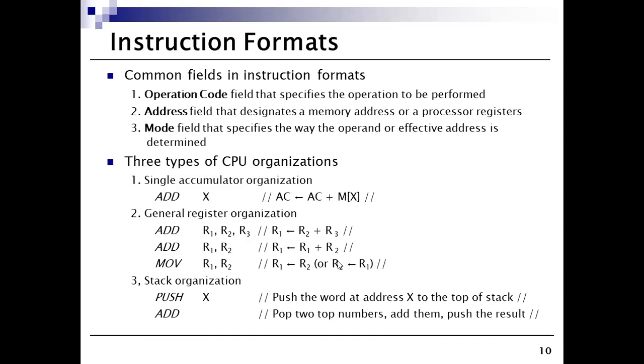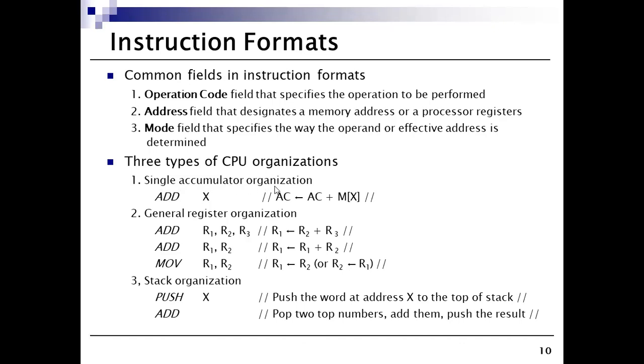Now here the address field designates either a memory address or a processor register also, not just the memory address. It can be even the processor register address also. So accordingly we will be having different instruction formats, and based on your instruction, whether you are facilitating the address field to specify one register or more than one register, accordingly I'll be having the three types of CPU organizations.